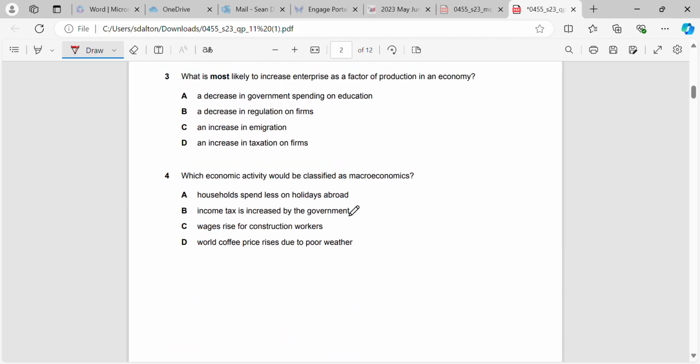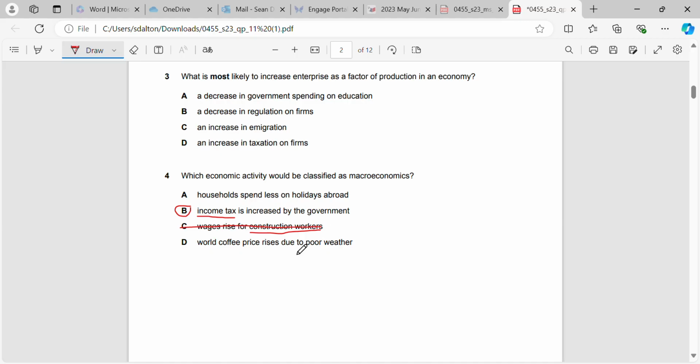Question 4. What economic activity would be classified as macroeconomics? Again, try and think about your different types of policies here, but the one that would be macro is income tax. Why? Because it affects everybody. Wage rises for construction workers is micro, because that's an individual industry.